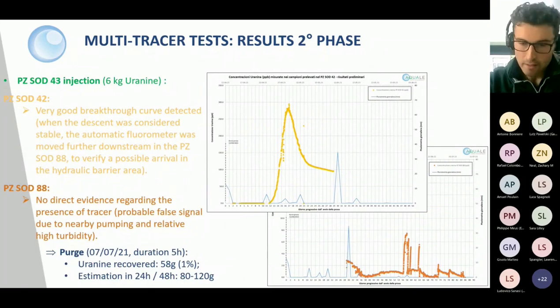Regarding the third injection in SOD 43, the first monitoring, in SOD 42, showed a very clear arrival of the tracer and a very good breakthrough curve was detected. The second monitoring, in SOD 88, didn't show direct evidence of the presence of tracer.